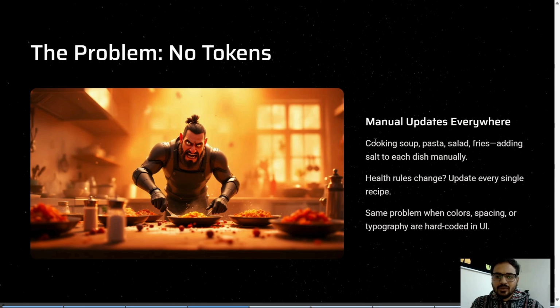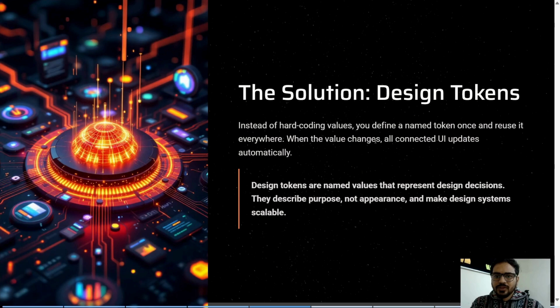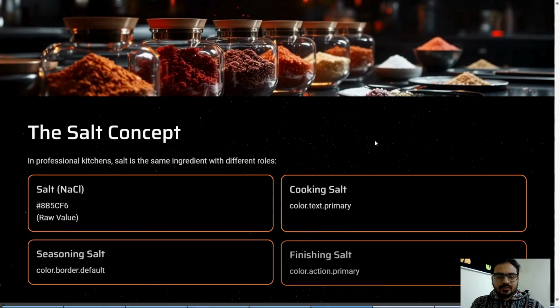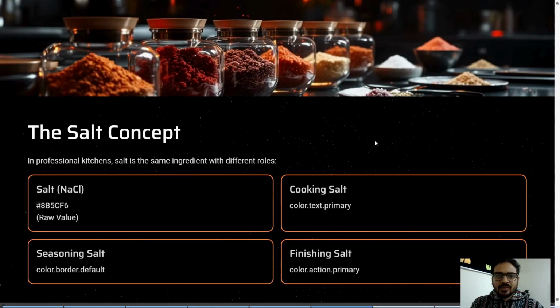So that's why we need to understand this necessary foundation before we start with our first approach. The solution is design tokens. We have to create proper primitives and semantic values so users understand that those values are for a specific purpose. Same with the salt, same salt, same ingredients, but for different roles.